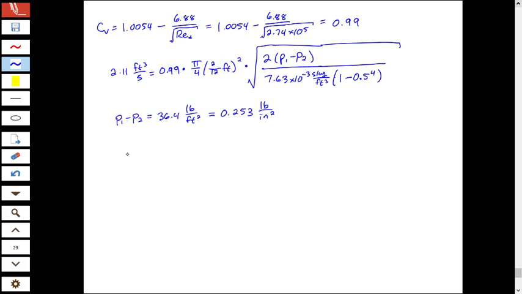And then ultimately the question is asking what's the pressure on the other side, not what the pressure difference is, because you know that the input is 60 psia. So then you have 60 minus that difference will give us 59.75 psia for your answer.